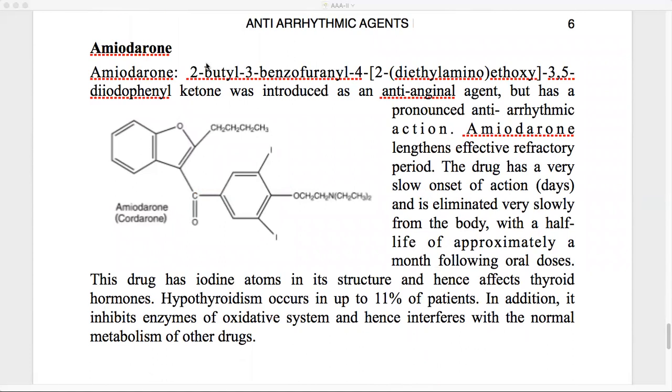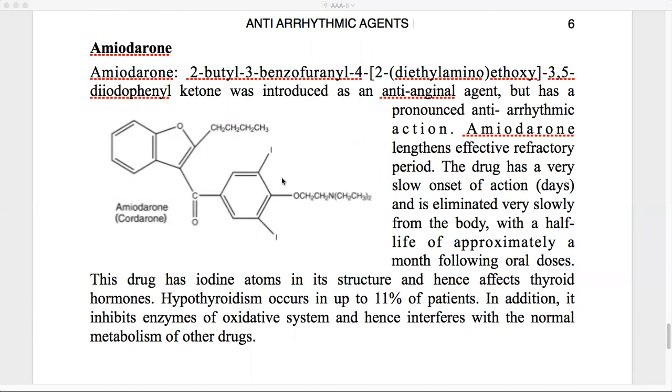Amiodarone is 2-butyl 3-benzofuranyl 4-[2-(diethylamino)ethoxy] 3,5-diiodophenyl ketone.